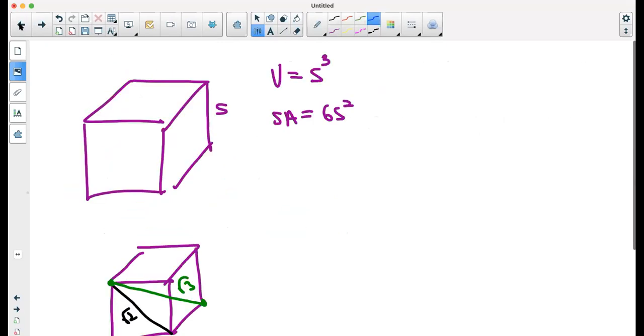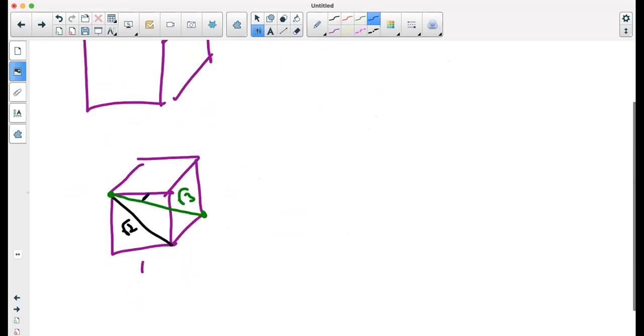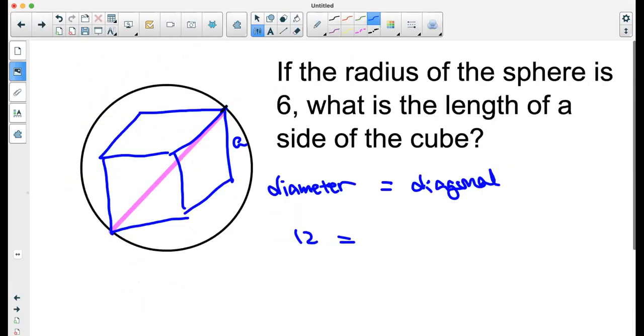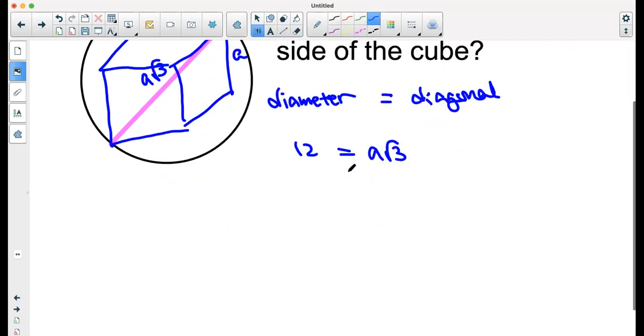If the side is A, what is the diagonal? Let's talk about the ratio. This is in fact radical 3 times the side. So if that's A, then this is A radical 3. So A radical 3 equals 12, and when you divide by radical 3, A is equal to 12 divided by radical 3.